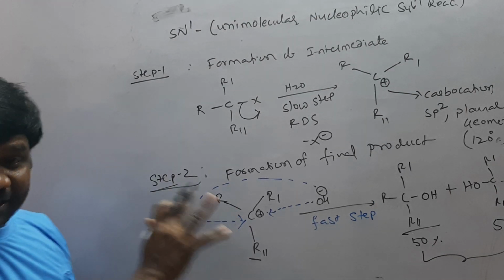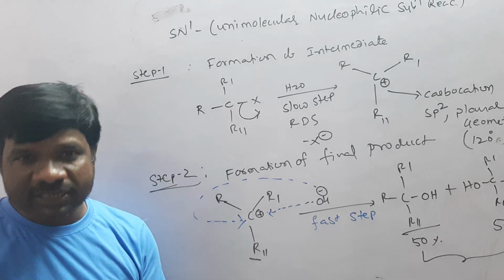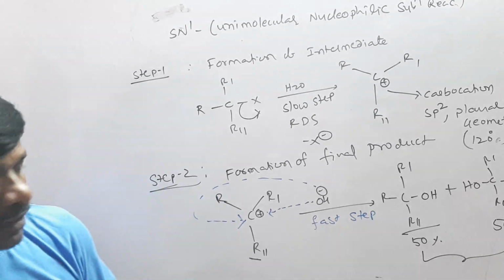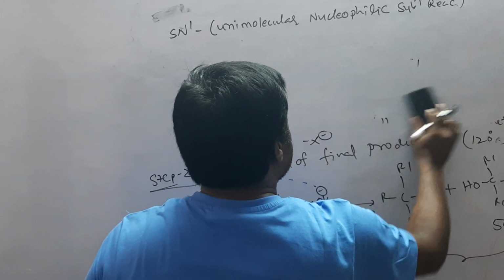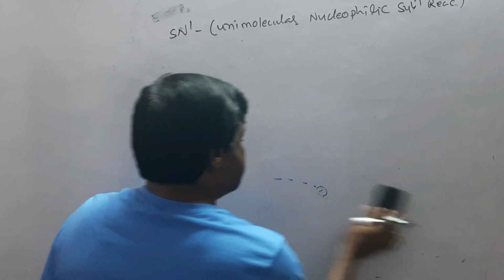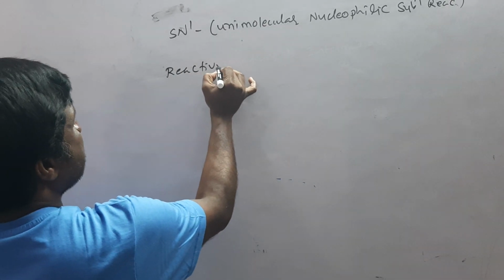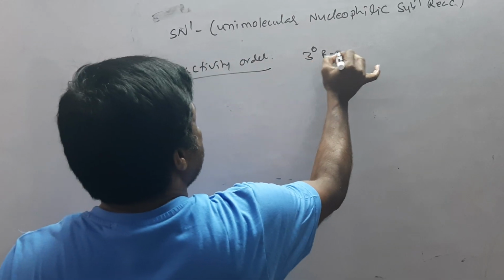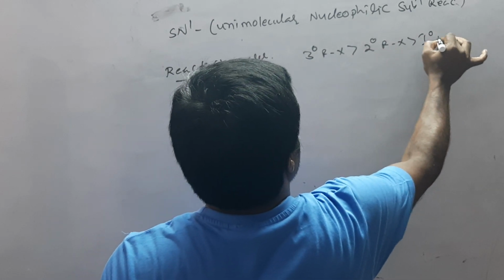Generally they ask questions on the reactivity order in the SN1 reaction: which is more reactive and which is less reactive. The reactivity order of alkyl halides is tertiary more than secondary more than primary.